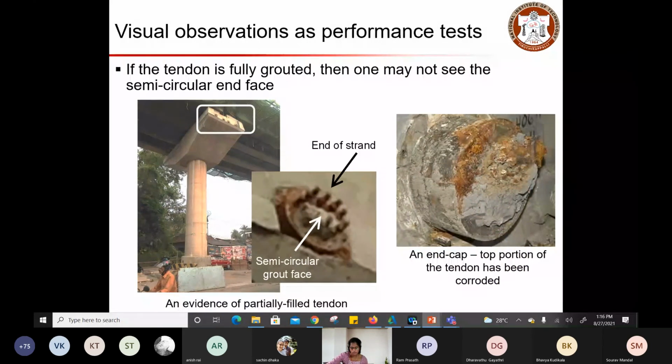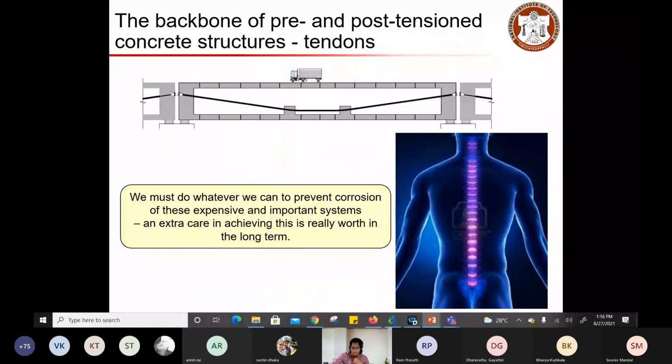This is what I showed in the previous slide, right? At the end you can see the unfilled grout region, not completely filled, and the uncovered end anchorages. In a pre-stressed concrete system, everything depends on the stress level in your strand.